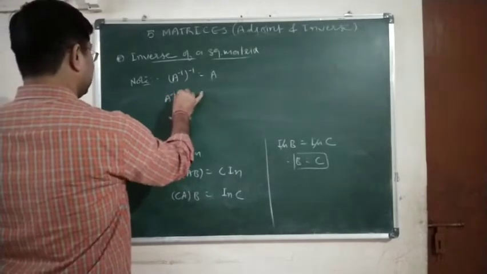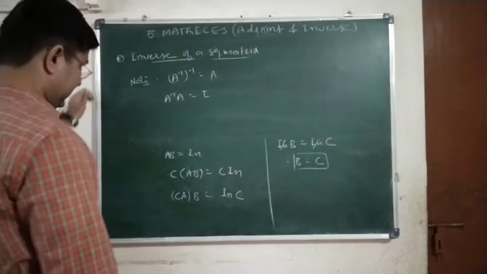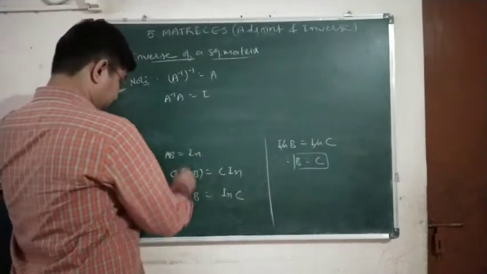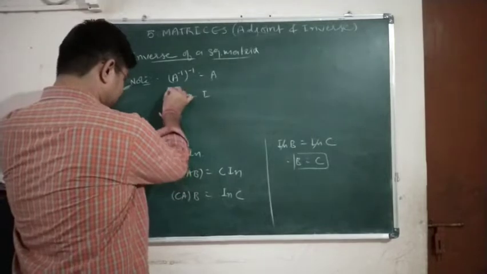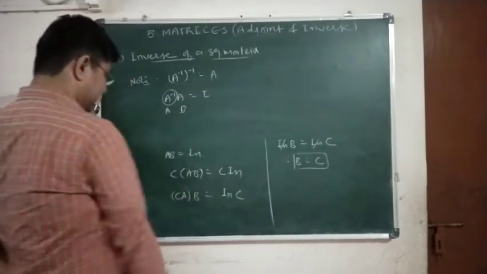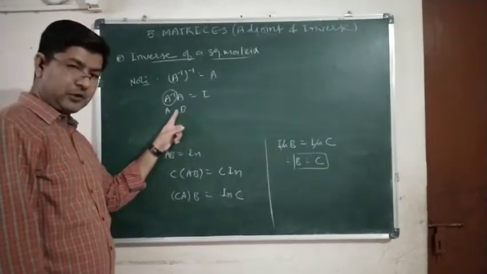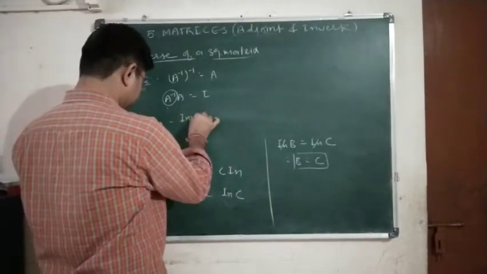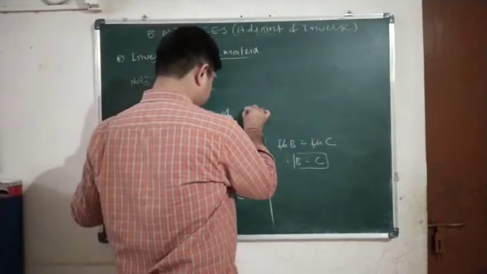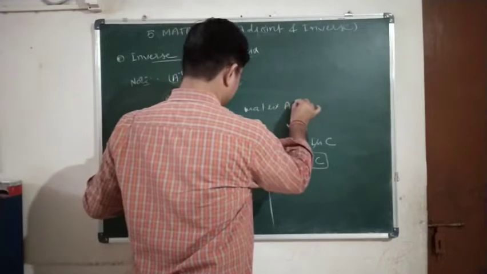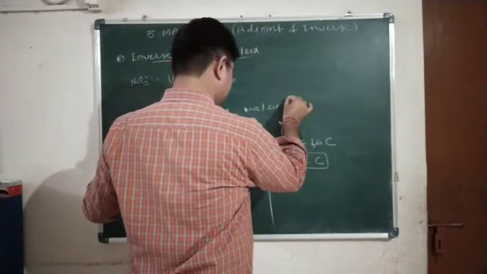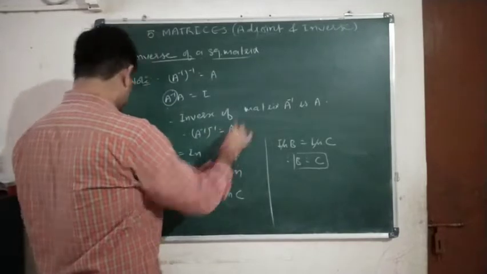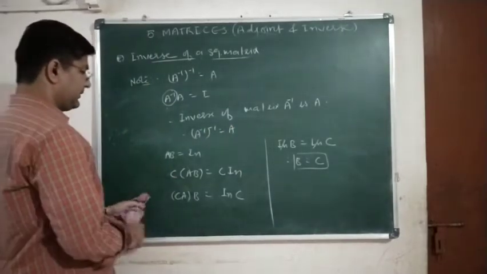We know that A inverse into A is equal to I. Now if you consider this like AB, so AB is equal to I, it means B is the inverse of A. So by definition, the inverse of matrix A inverse is A, and therefore A inverse whole inverse is equal to A. So again an important result you will remember.